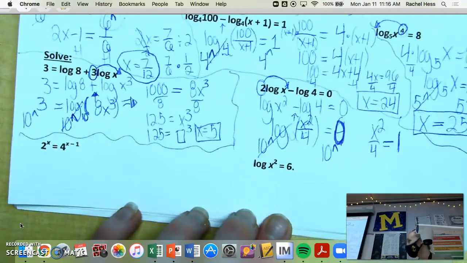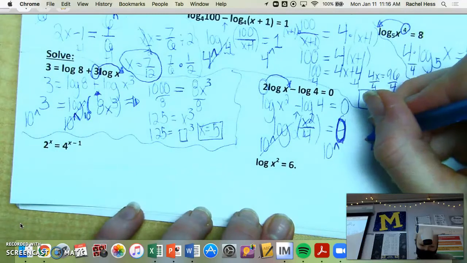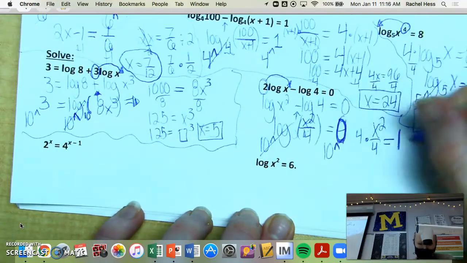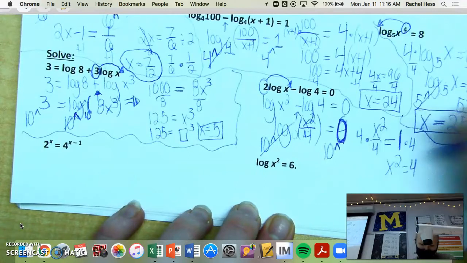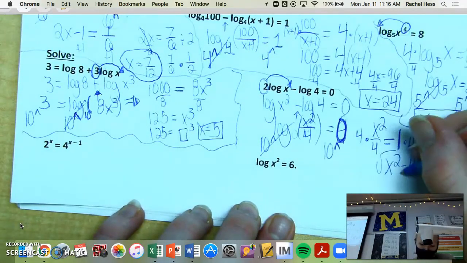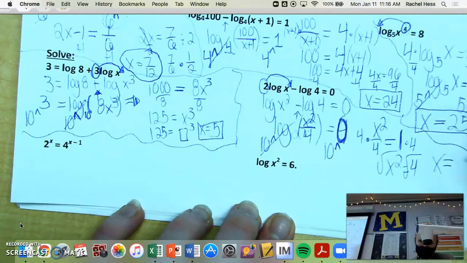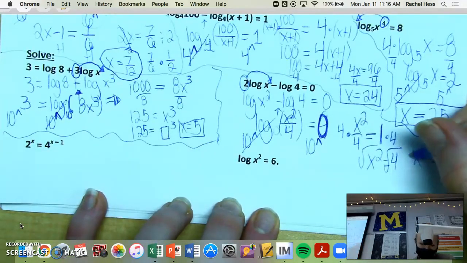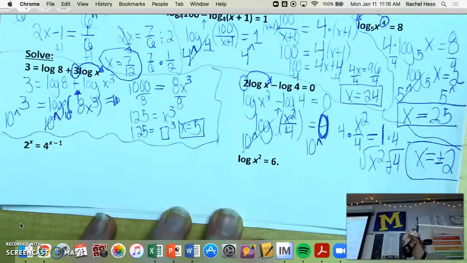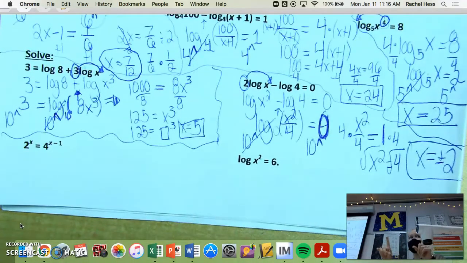And when I solve this, to get x by itself, I multiply both sides by 4. And then in order to undo a squared, I'd have to square root to get x equals plus or minus 2. Why do I have a plus or minus? Whenever you square root both sides of an equation, you should put a plus or minus. Will I be picky about that? Probably not.